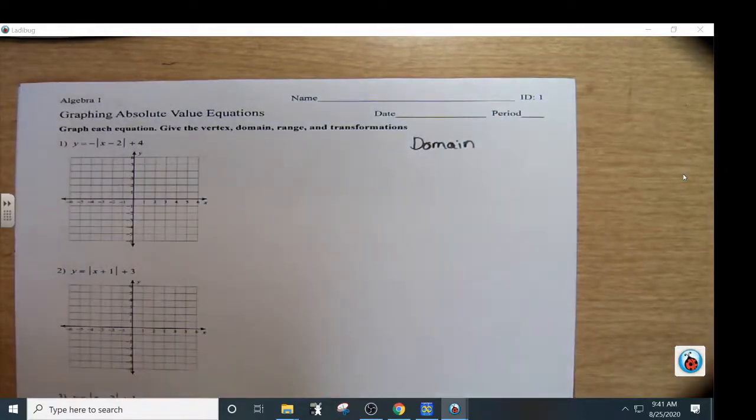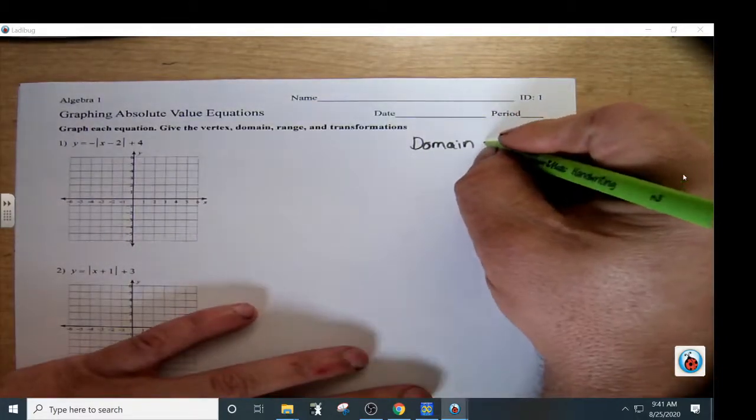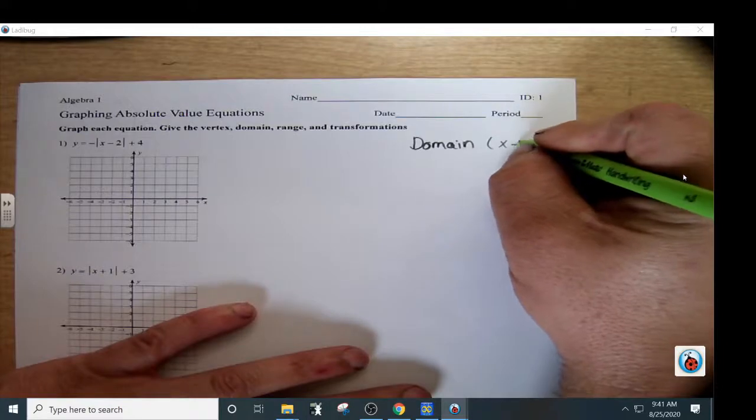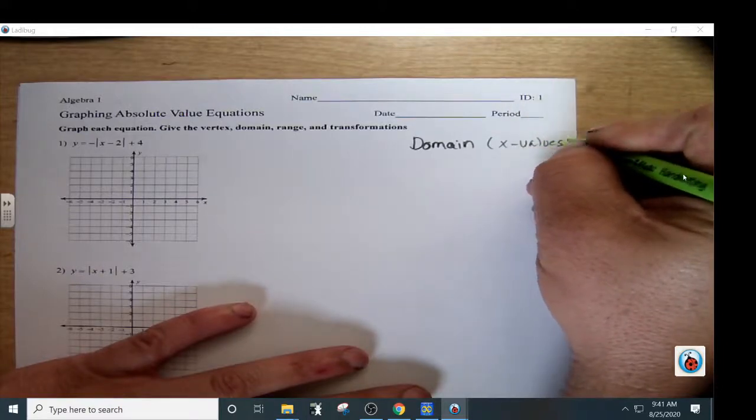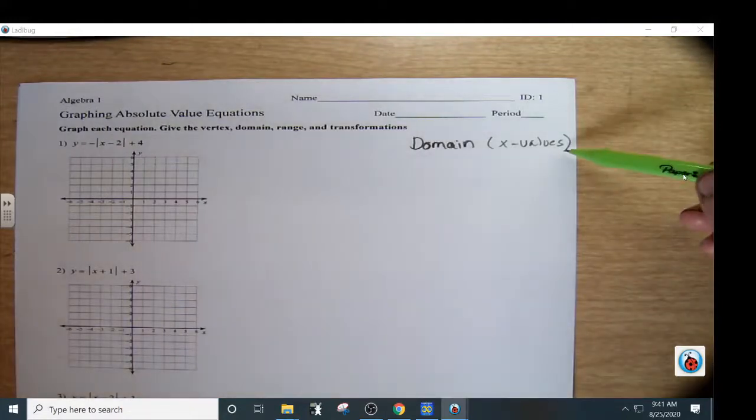If I'm talking about the domain of a function, then I am talking about the x values of that function. If I say what's the domain, all I'm asking for is the x values. Most of the time with your functions, guys, it's the x values that the function covers, or the function crosses.